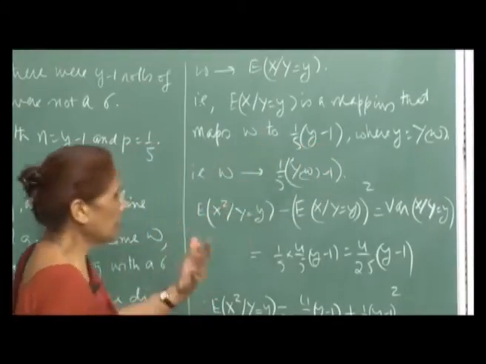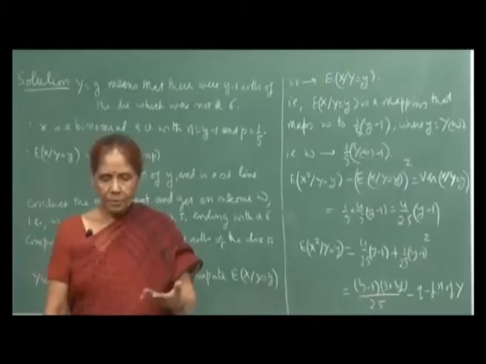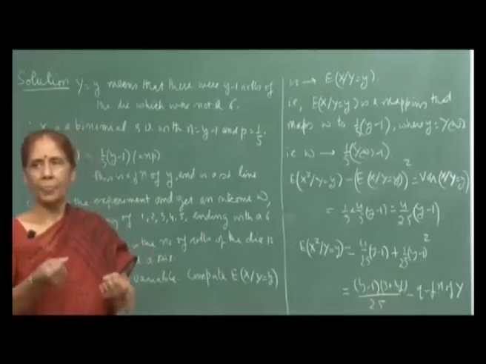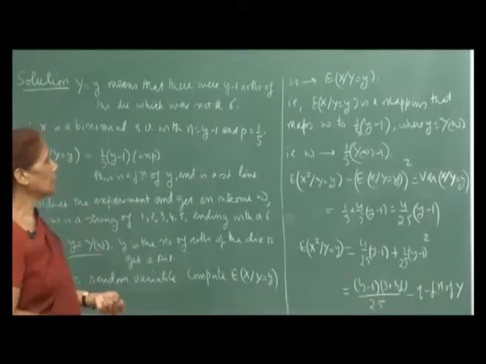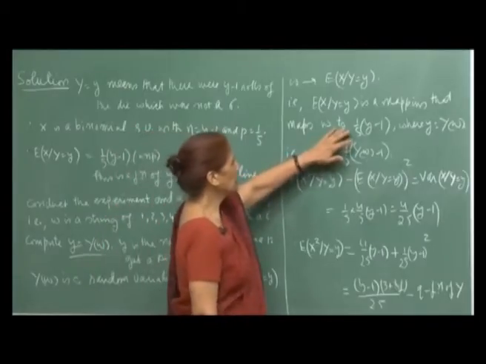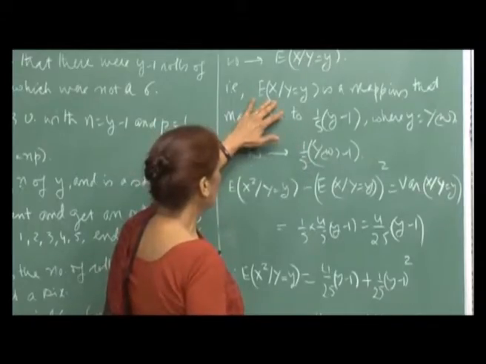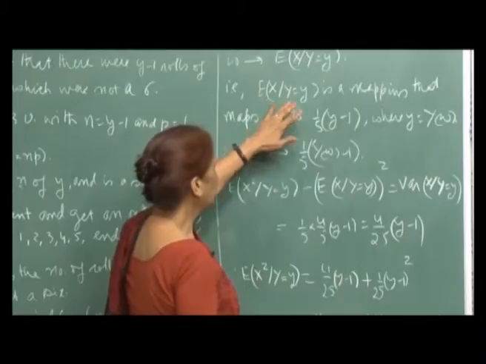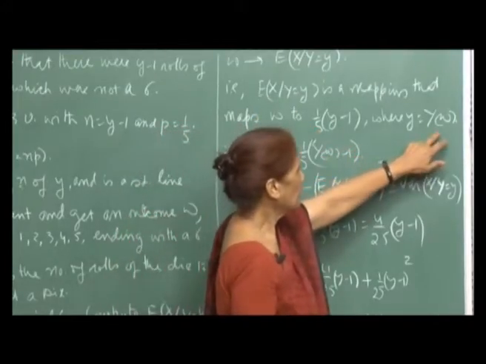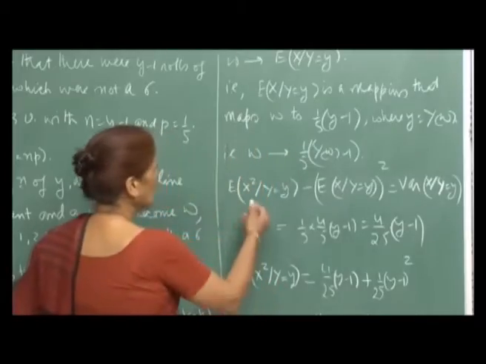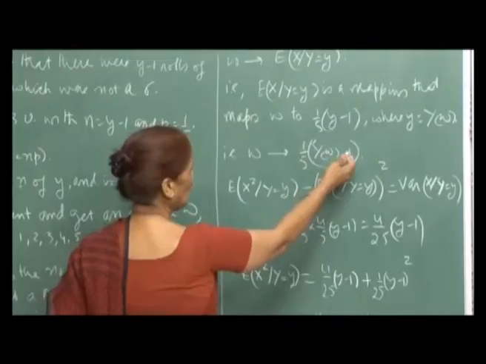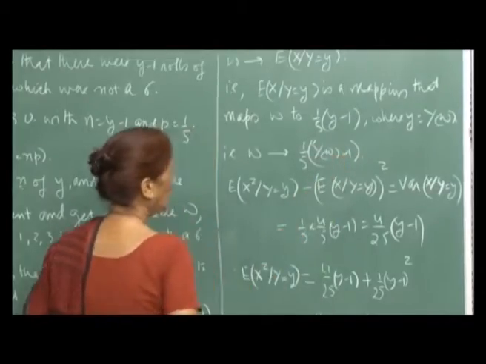And remember, I defined a random variable also as a mapping, because I said random variables associate real numbers with the sample space. So here also, this expected value of x given Y equal to y is a mapping that maps omega to this, where y is capital Y of omega. Therefore, omega is mapped to 1 by 5 (Y of omega minus 1), which is a random variable.